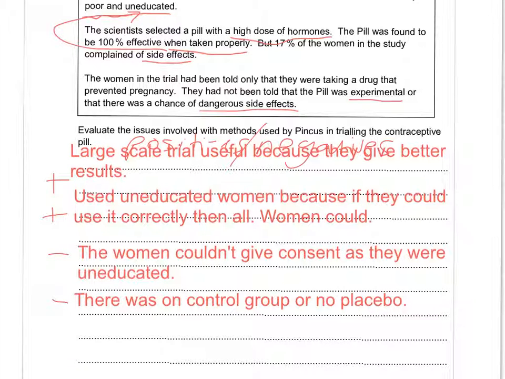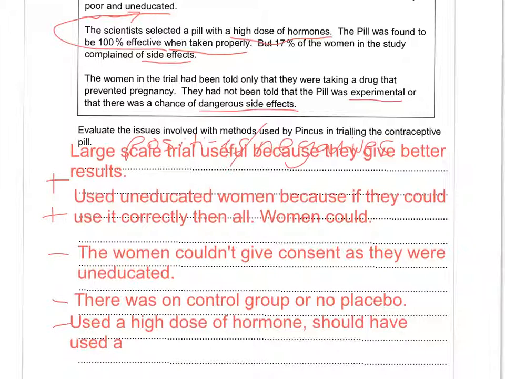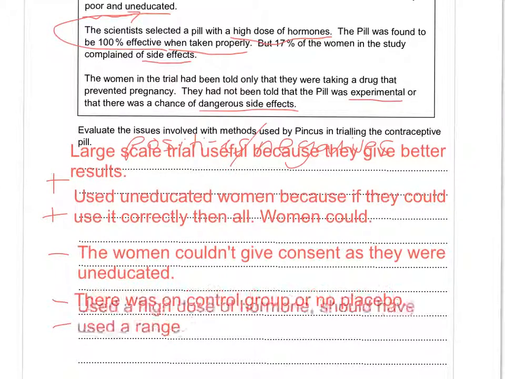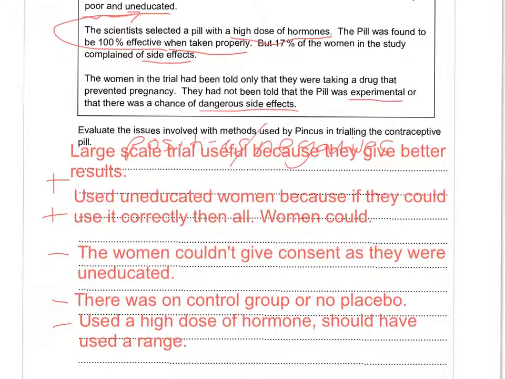They used a pill with a high dose of hormone, which is another negative. They should have used a range of levels of hormone, and the reason for that is if they use a range of hormone levels, then they can find out what sort of level works best in the patients.